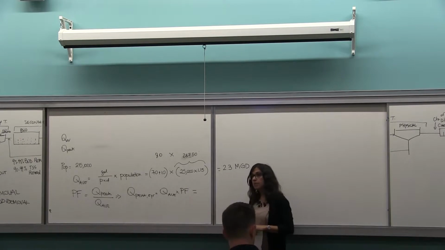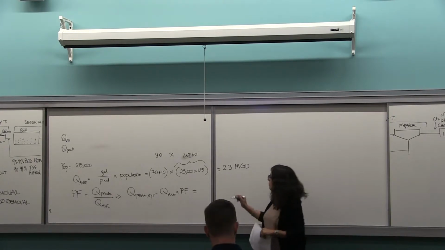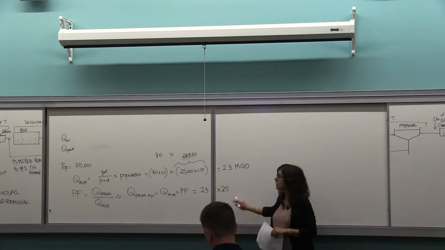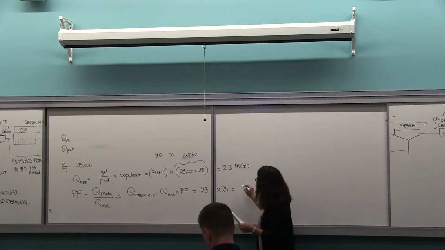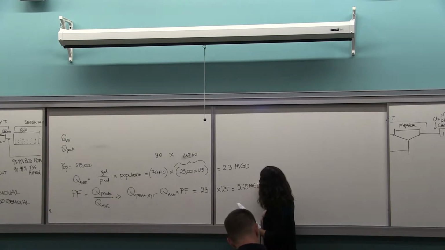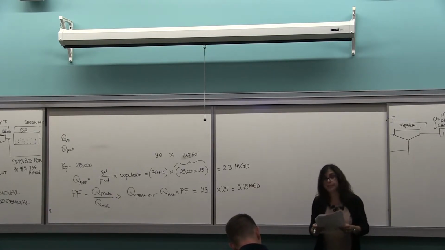Since I wanted the peak, I need to consider the peak factor that is 2.5. So I'm going to have 2.3 MGD times 2.5, which is my peak factor. And so we have 5.75 MGD. So the answer in the list, in this case, is D, right?